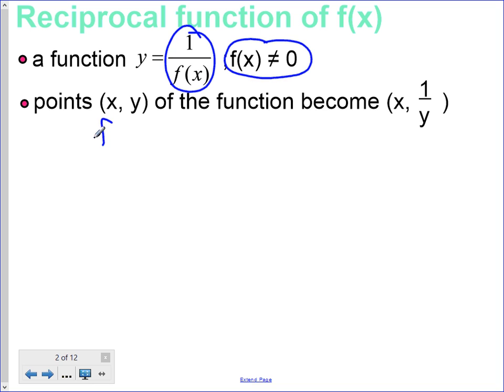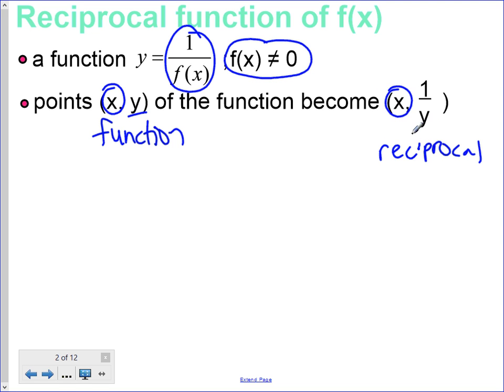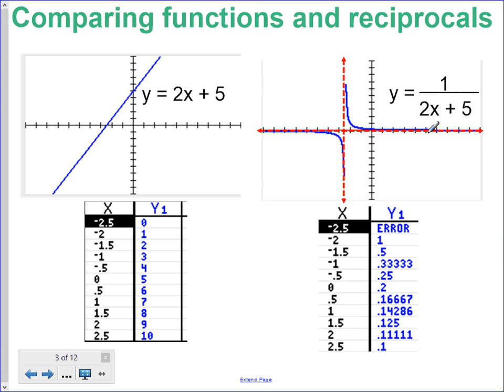The definition of a reciprocal really is taking any function that has points x, y, and looking at the corresponding points of the reciprocal. Notice that the x values stay the same, but the y values change because I take the reciprocal, which is 1 over y. Let's look at an example of what a reciprocal function and its corresponding graph look like.